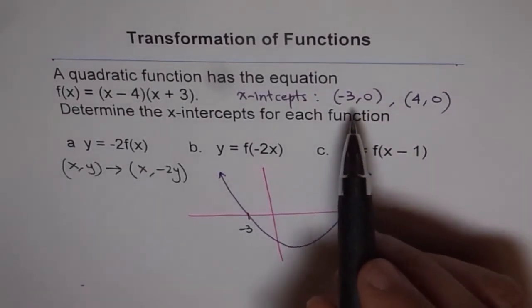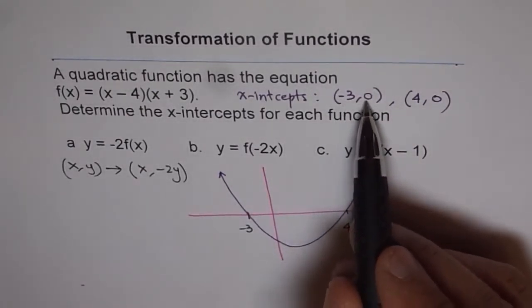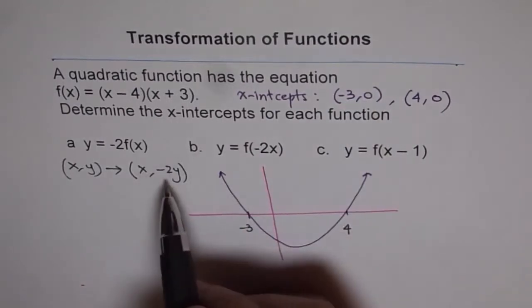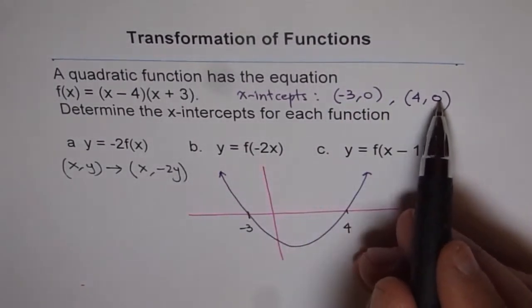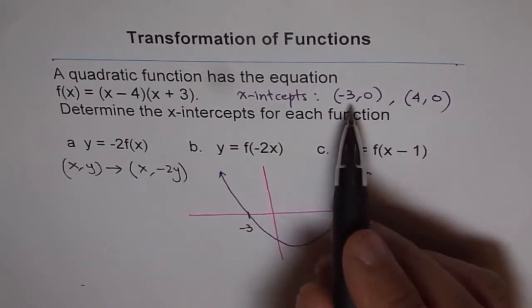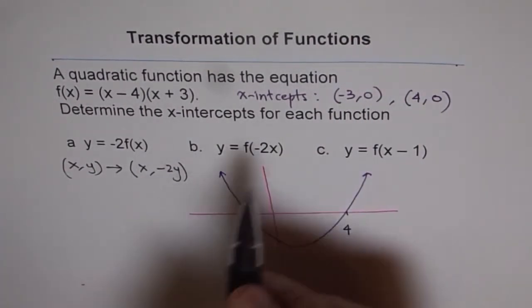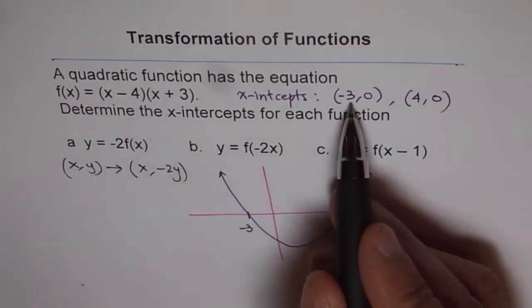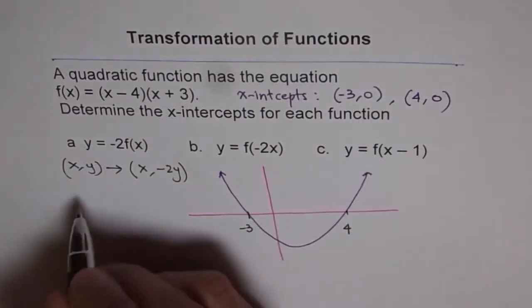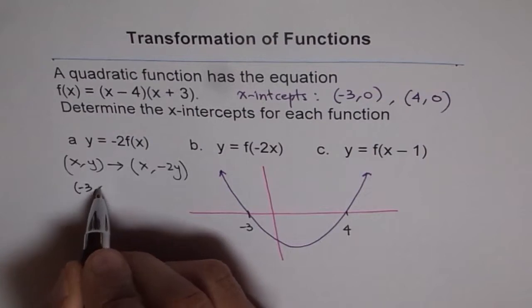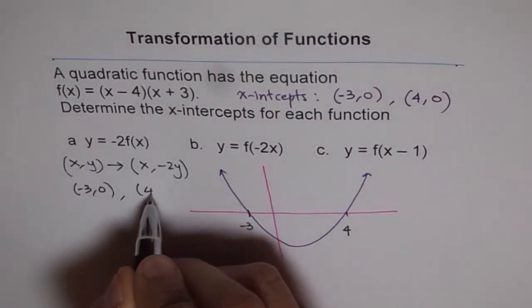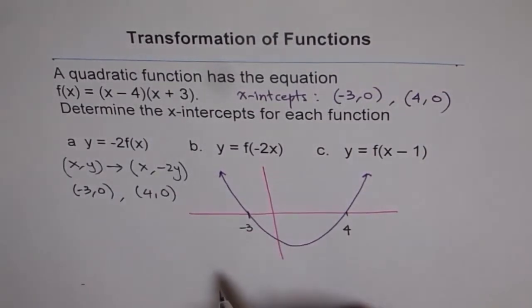Now in this case, x-intercepts have a y value of 0. So if I multiply anything by 0, it doesn't change. It remains 0. And the x value has to be the same, right? So in this particular case, our x-intercepts will be at the original position. Do you see that? It will be (-3, 0) and (4, 0). They will remain unchanged.